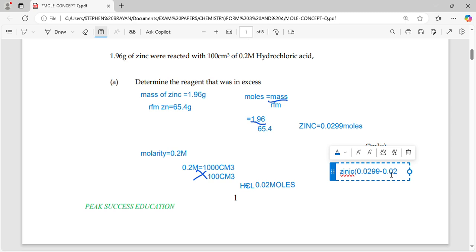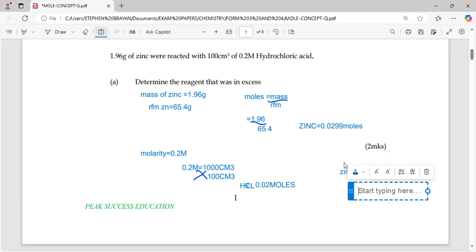So you'll get that zinc is in excess by 0.0099 moles.